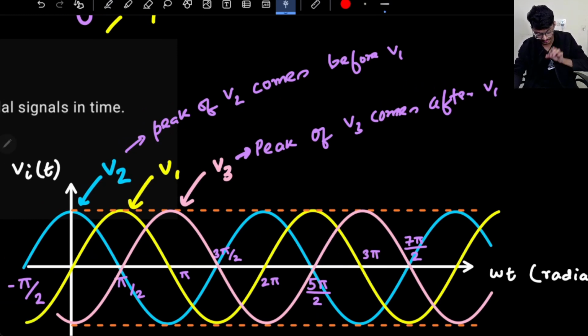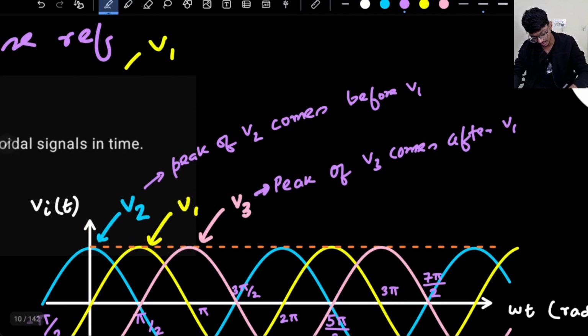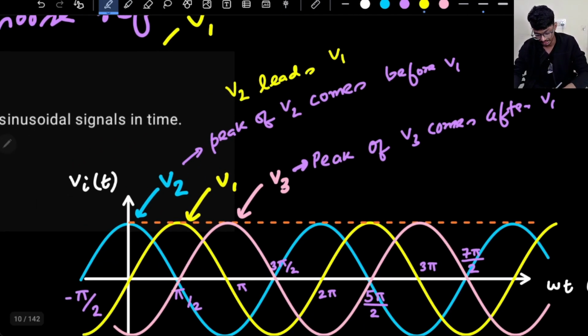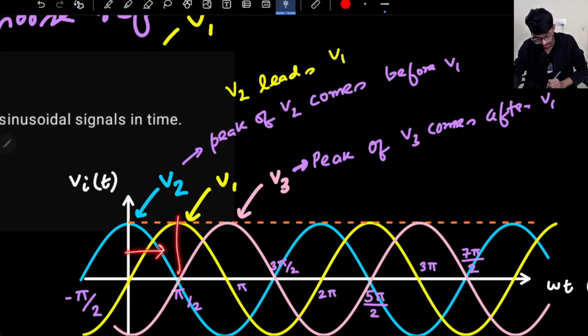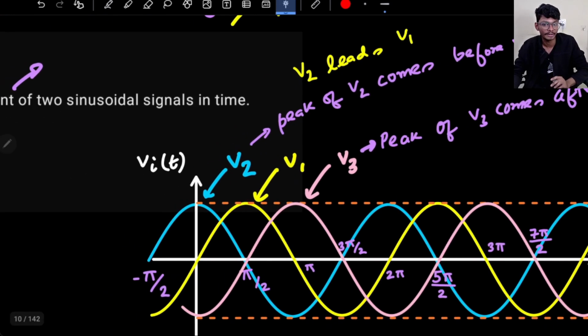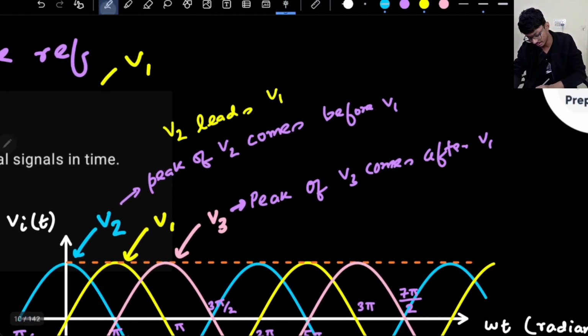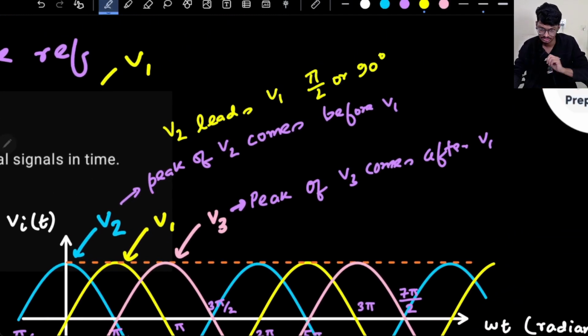That means V2 is leading V1, because the peak of V2 is coming first. So V2 leads V1 by how much? By 90 degrees, because the peak of V1 happens after 90 degrees or pi by 2 radians. So by pi by 2 or 90 degrees, either is fine.